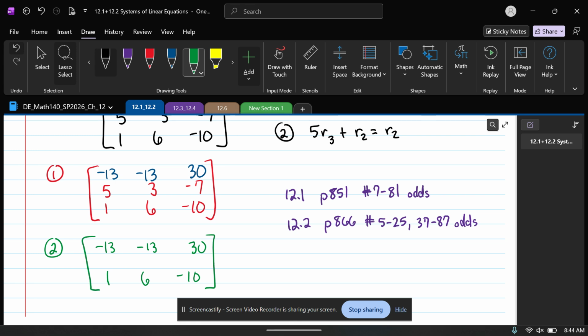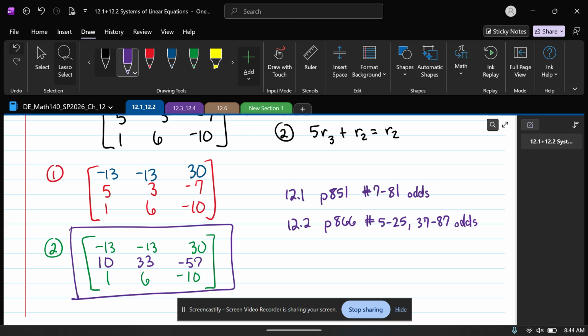So I'm taking 5 times row 3. 5 times 1 is 5, plus row 2 would be 6, or 5 plus 5 is 10, sorry. So that's 10. 30 plus 3 would be 33. Negative 50 plus negative 7 would be negative 57. There is the final answer after both of those row operations have been done.